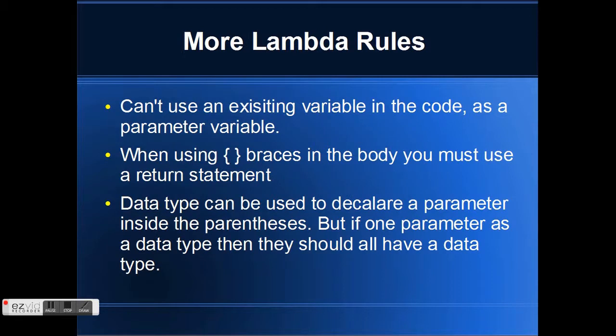More Lambda rules. You can't use an existing variable in the code as a parameter variable. Meaning, if at the top you have int x used for evaluation, or any of your local variables, your instantiated variables or your member variables, they cannot be used inside the parentheses of a Lambda.